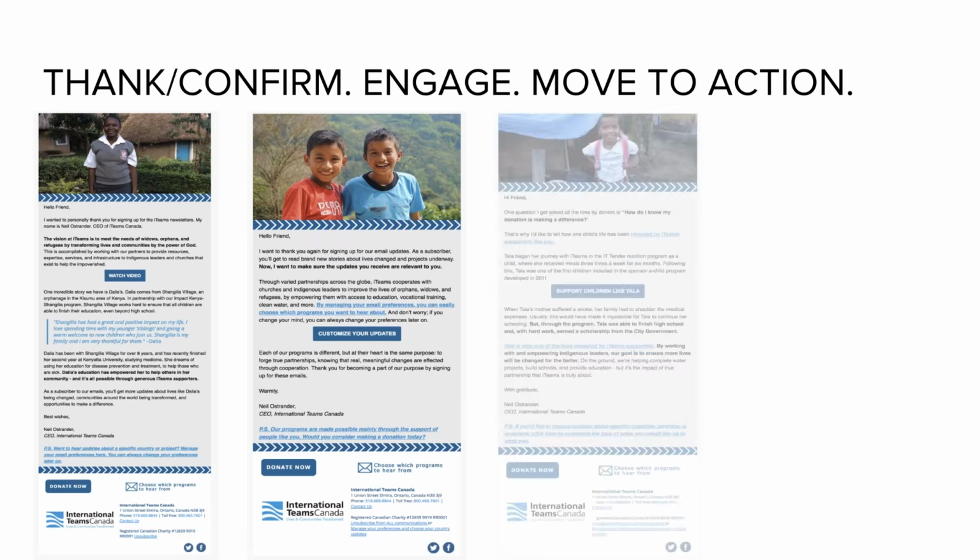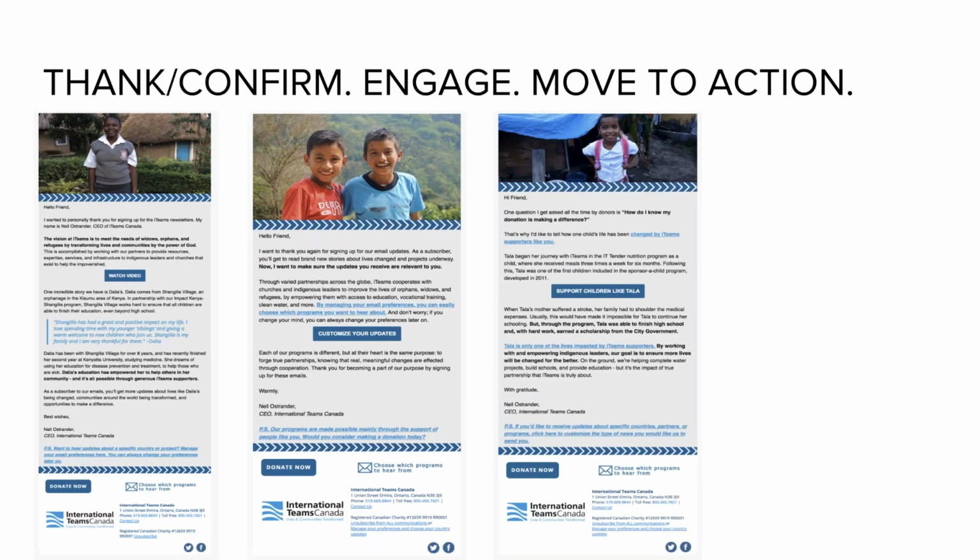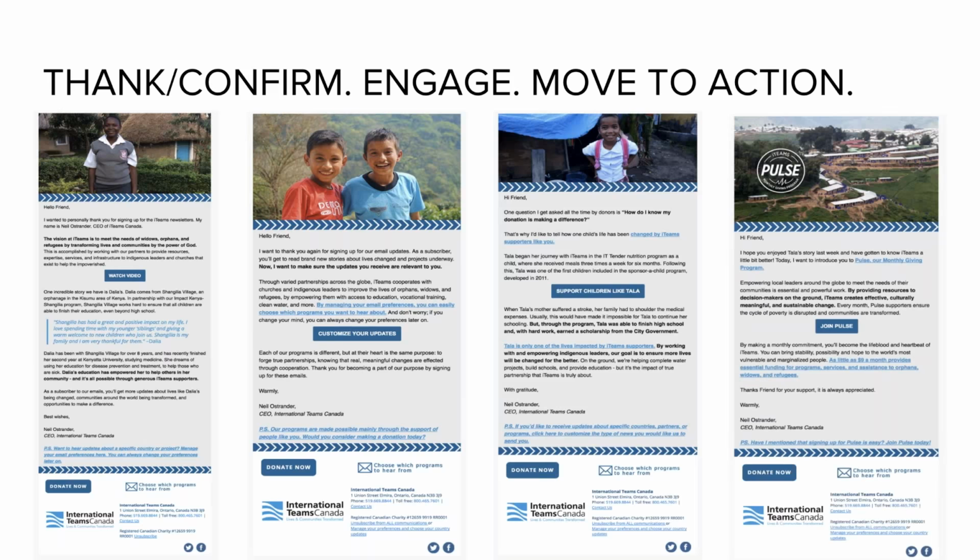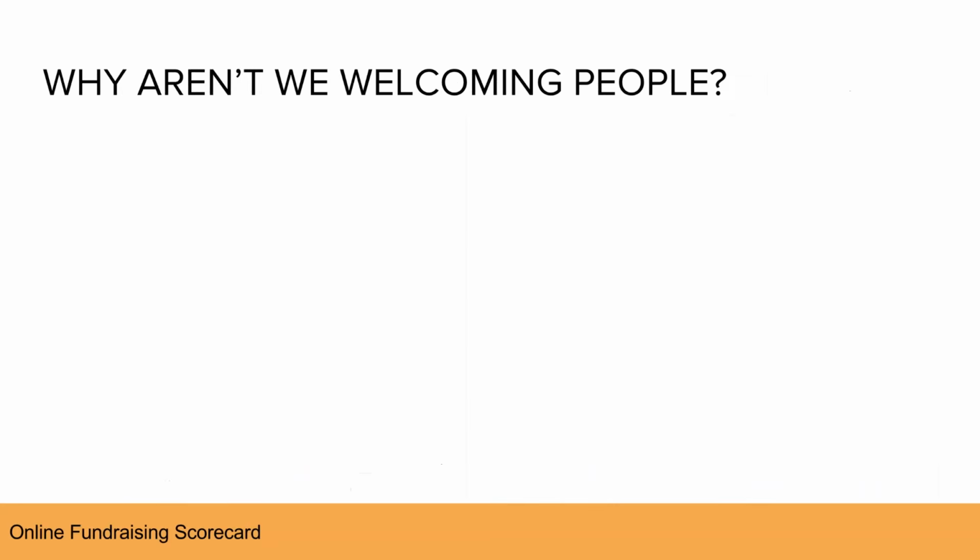You can customize your updates. Then we have a soft ask for donations where we're talking about the story and Tala, and here's the difference you can make. And then the last one is the monthly giving program, how you can help all year long. But these 4 emails go out each 1 week apart, which is probably on the long end, but people will get some information to learn more and engage the organization in that first 30 days when they're really engaged.